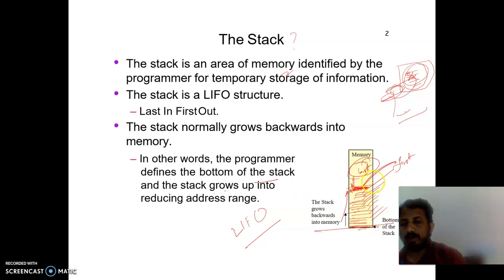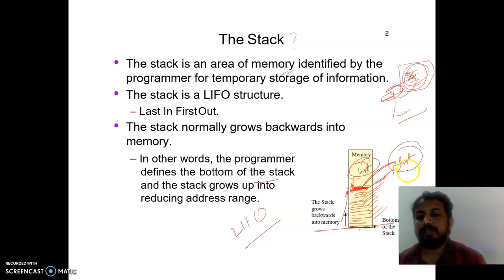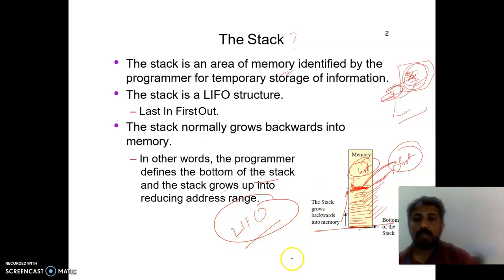It is taken from the top, and the top data is the first to come out. So the stack process is called last in, first out, or we can name it first in, last out: the first data in comes out at the last. This is the process we follow with the stack.